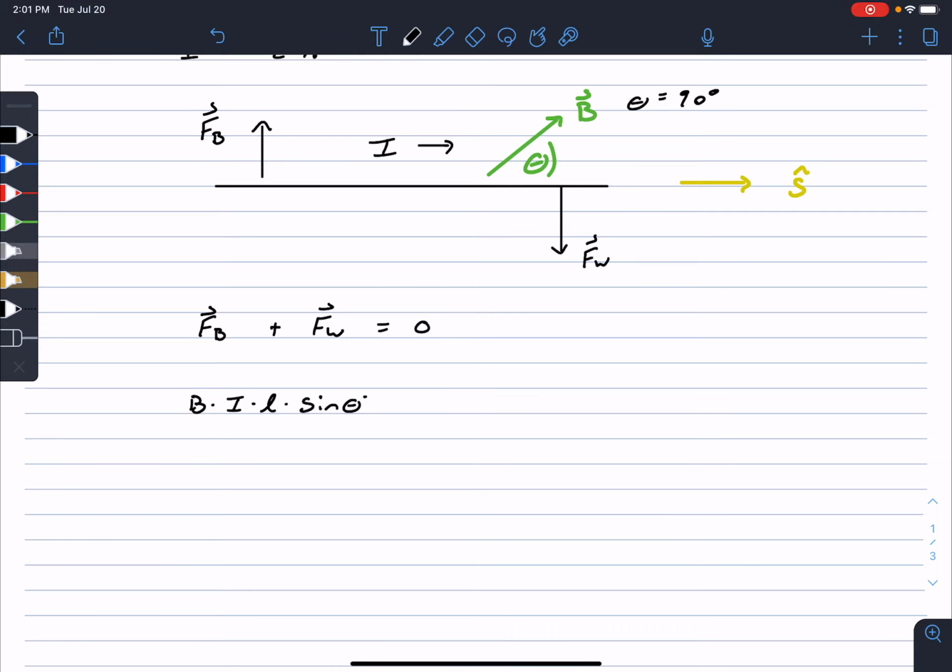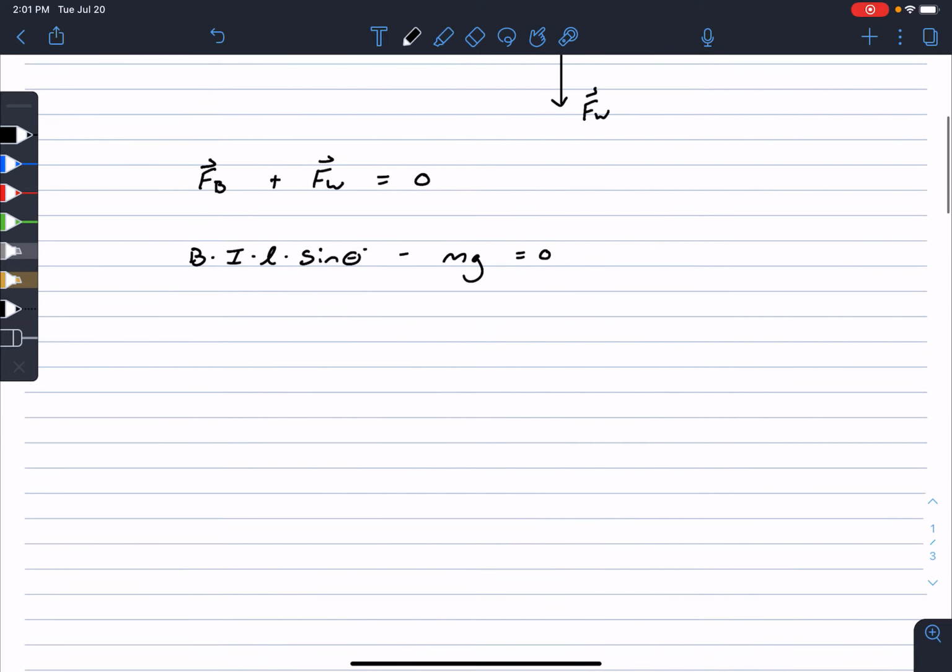This is our force minus mg, right? These forces are in opposition as far as the direction. And so now we have B times I times L times sine of the angle is equal to mg.